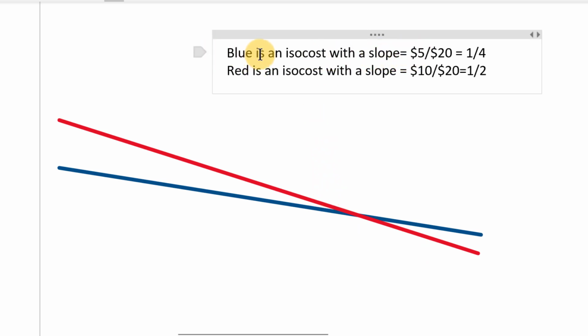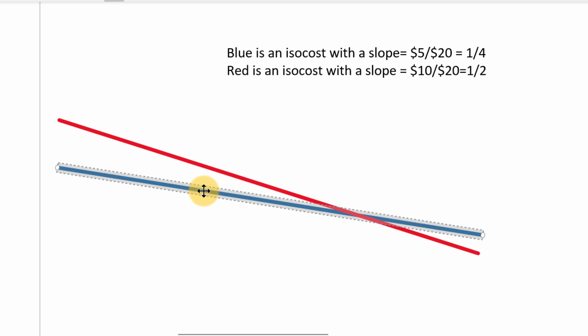So the blue one here is going to be what an Isocost looks like that has a slope of -1/4. It's going to be $5, which is the price of the labor, divided by the price of capital, 20. And so that slope of a budget line is the price of the variable on the x-axis divided by the price of the variable on the y-axis, and so that's going to be this blue line.